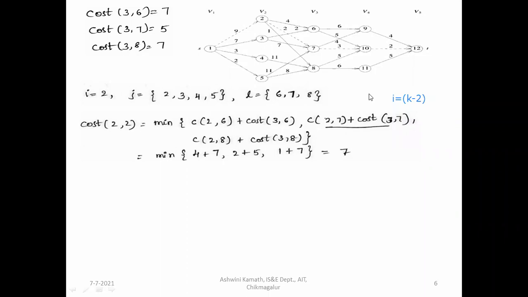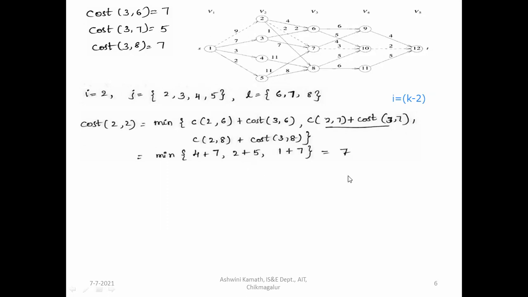Then 1 plus 7: the cost of the edge 2 to 8 is 1, and 7 is cost of 3, 8 from the previous level. Instead of calculating this again and again, we have stored it somewhere and are using that for the next stage. So 1 plus 7, the minimum is 7 here.